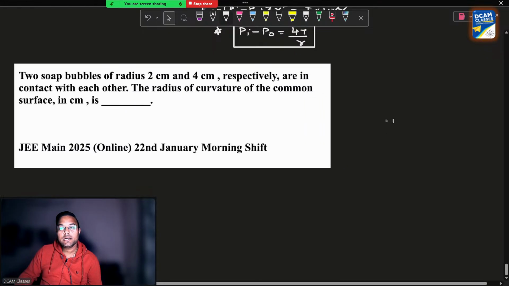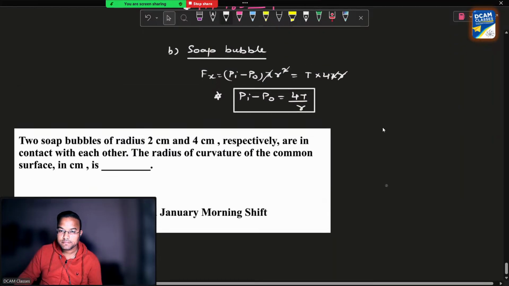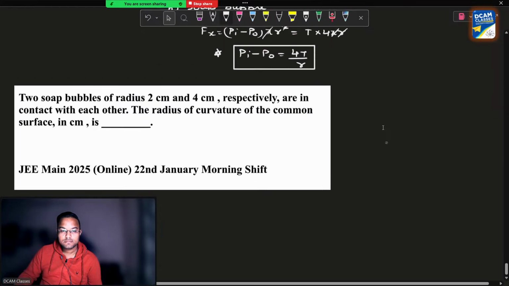First tell me, are you able to understand what they're saying? Or if you want me to make you understand, then tell me. First try to understand by yourself.